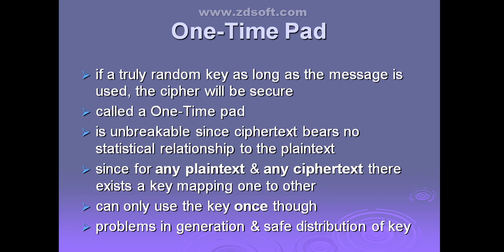Every time you are encrypting a message, or every time you are decrypting a message, you need to generate a large number of keys. Large quantities of random keys need to be generated. This is very difficult, right? That is one difficulty in the case of a one-time pad.